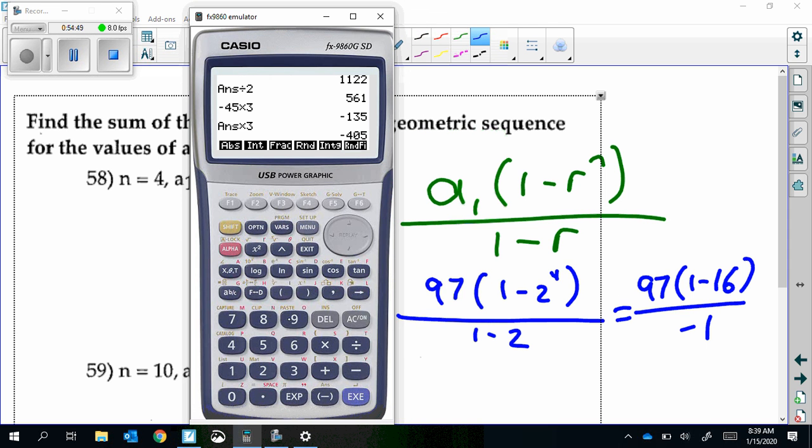So that's 97 times negative 15 divided by negative 1. Just going to change the sign. 1,455.